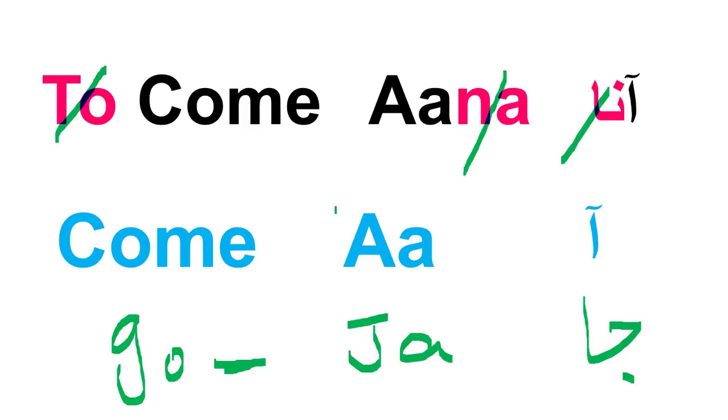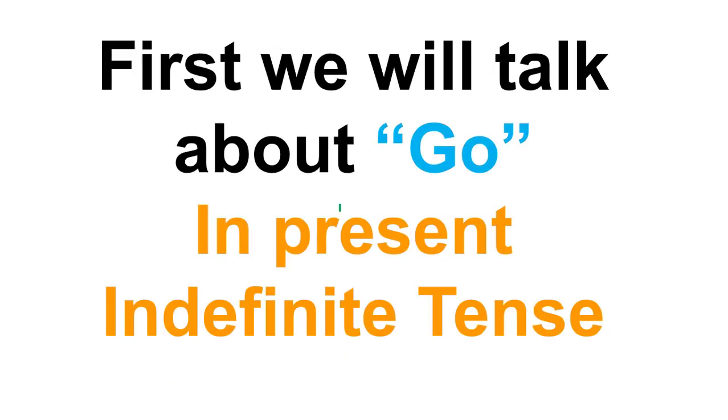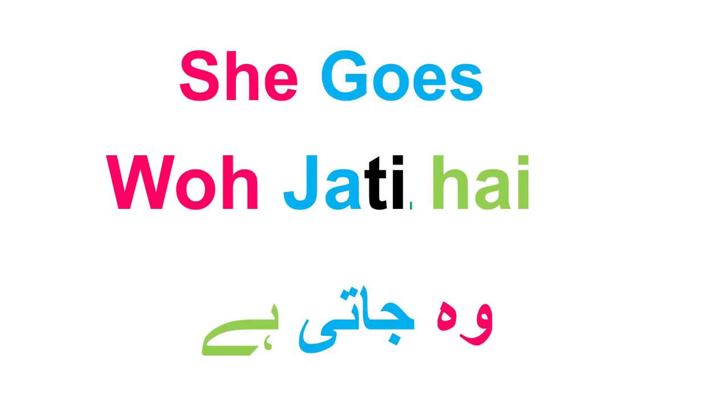Let's see how we can use these verbs. First we will talk about go in present indefinite tense. Here we have an example. She goes, वो जाती है. Note, ja is go, but we added something different here, like ta and ti, or like in here ti.